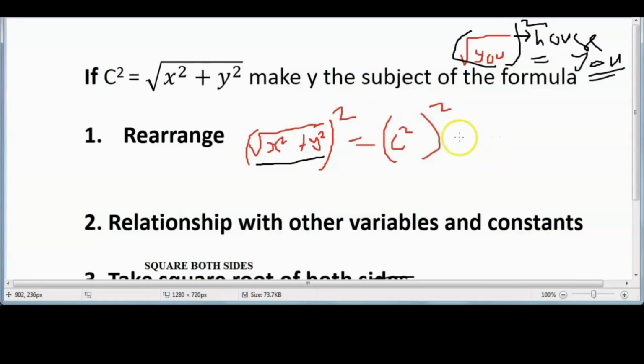So this is the same thing as x squared plus y squared is equal to c to the power of 4. c squared squared: 2 multiplied by 2 gives you 4.